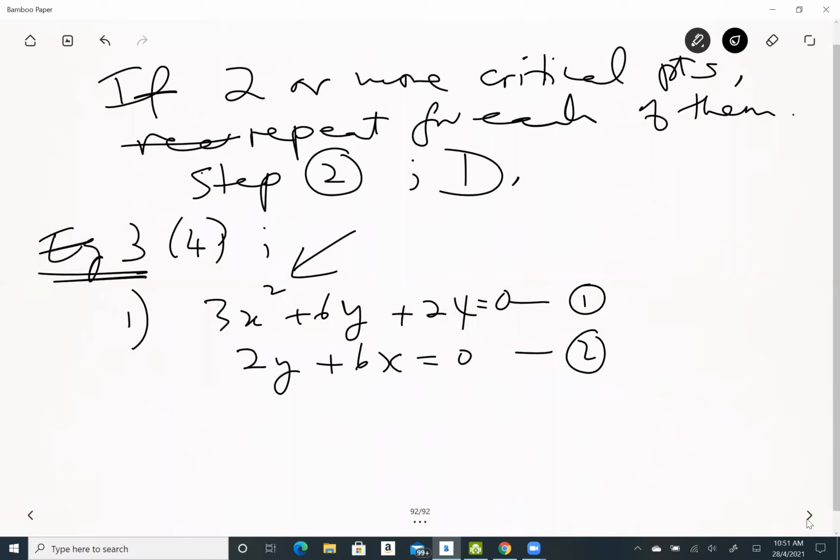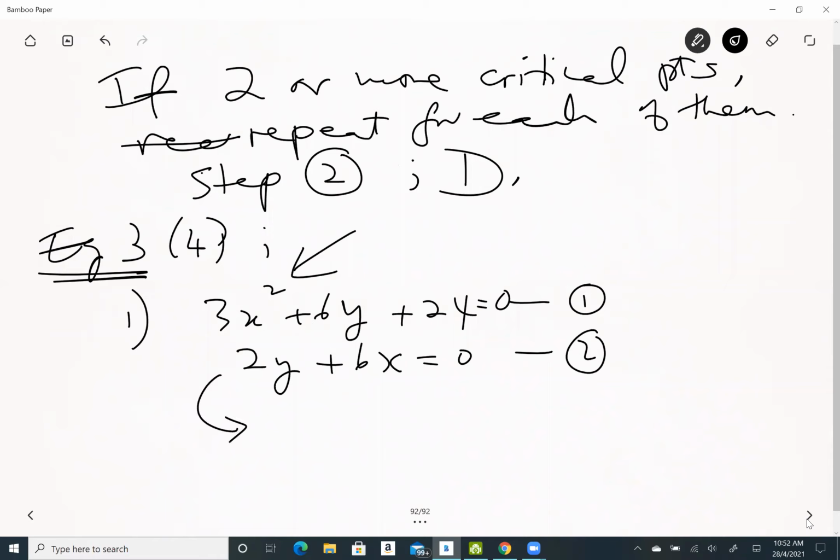Okay, for this one, where should we start? We should start from what? From number 2. Okay, if you start from number 2, then you have x in terms of y or y in terms of x, and then substitute into number 1, so that you only have one variable. So from here, what do I get?